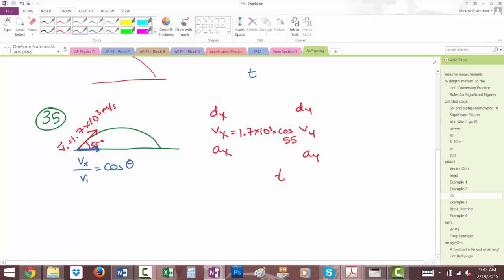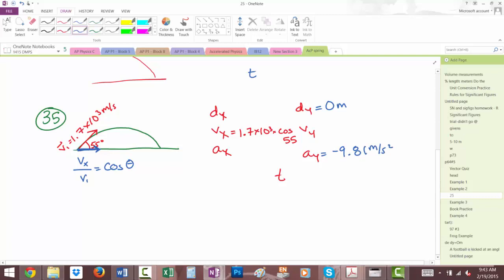Go, Tim. Delta y equals 0. Why is that? Because it's ending up on the ground from which it's launched. Boom. All right. The acceleration in y is negative 9.81 meters per second squared. Awesome, because it always is, right? Fantastic.